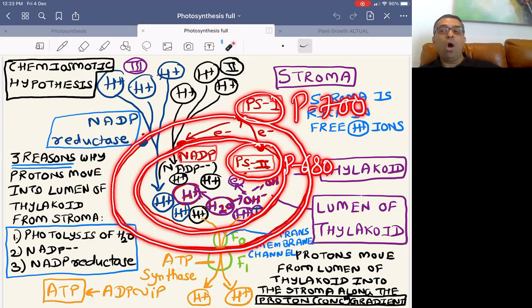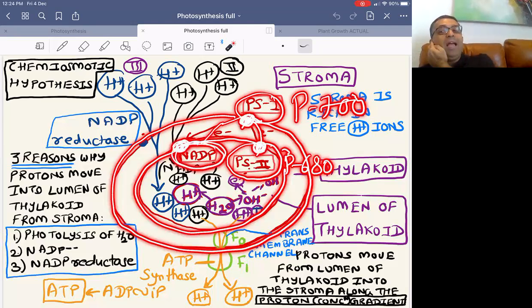If you remember, in non-cyclic photophosphorylation, electron goes from PS2 to PS1 and PS1 से electron goes to Z, then to ferredoxin, and from ferredoxin it goes to NADP, and NADP is present on the inner membrane of the thylakoid. So PS2 is present on the inner membrane, PS1 is found on the outer membrane, and NADP, nicotinamide adenine dinucleotide phosphate, is present on the inner membrane.